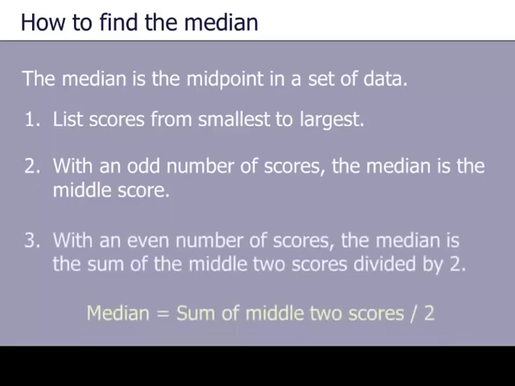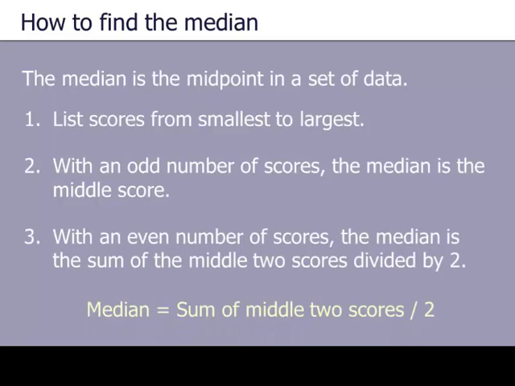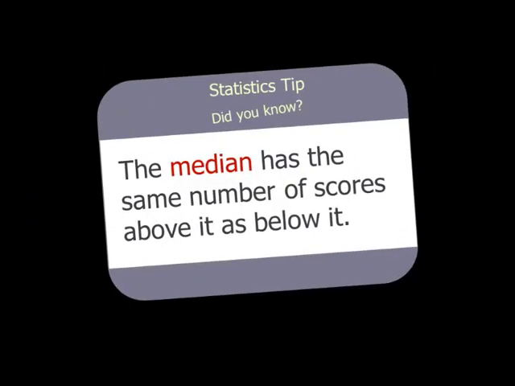If there's an even number of scores, the median is the sum of the middle two scores divided by 2. Whether you begin with an odd number of scores or an even number of scores, the median is always the middle score. It always has the same number of scores above it as below it.